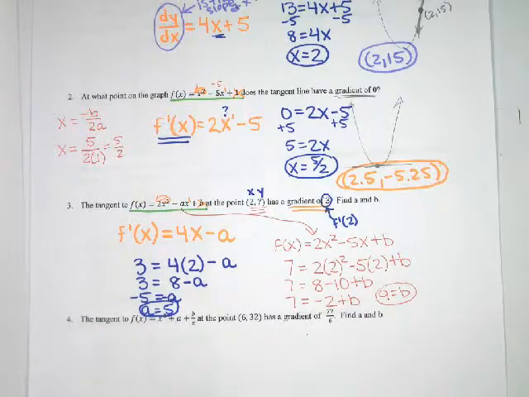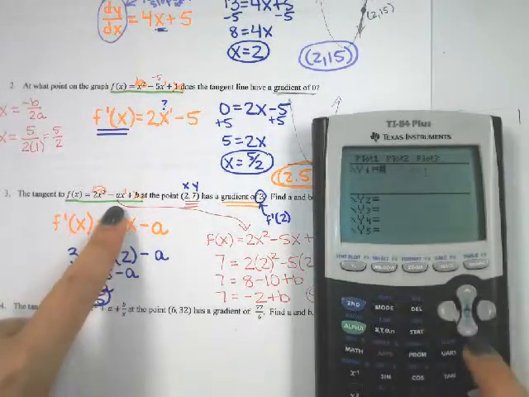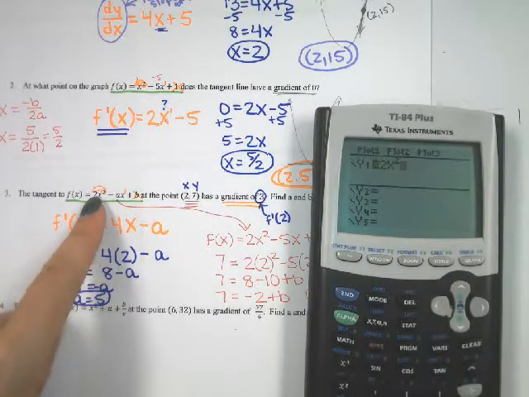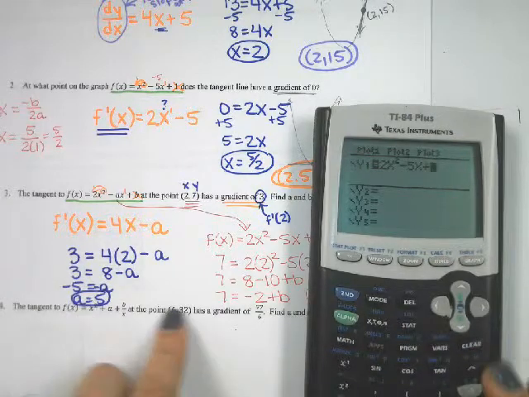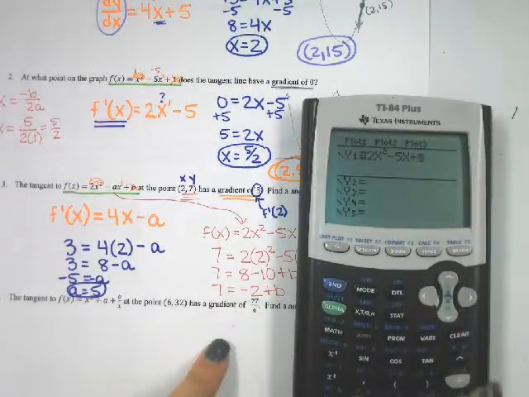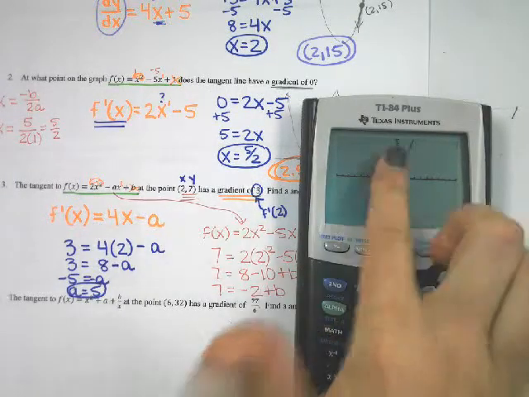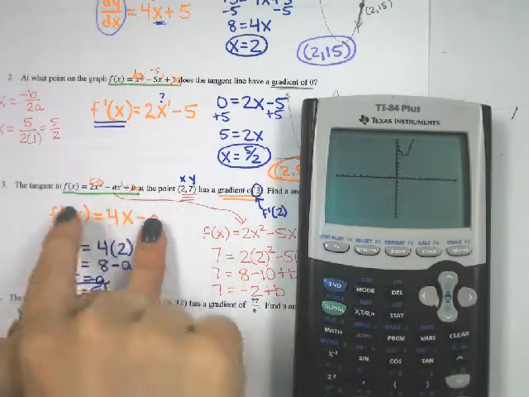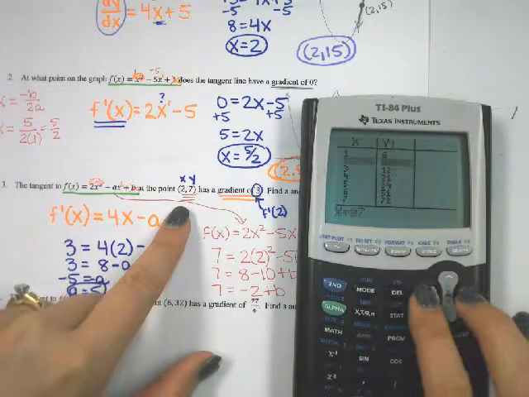Now once again, I love to double check. So why don't I plug in a and b and see what type of equation we get? So 2x squared minus a is 5, x plus b was 9. So we get this little graph. Let's see if the point 2, 7 is on it. There it is. In my table, 2, 7 is on that line.